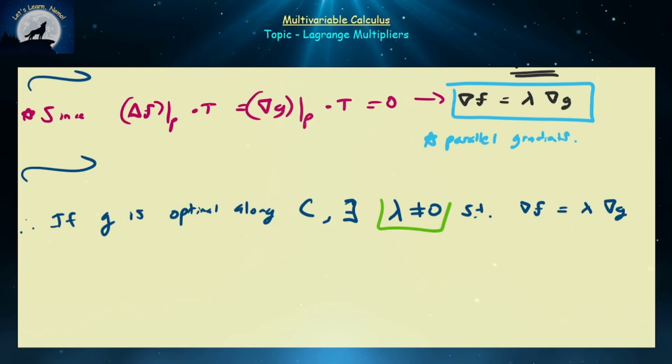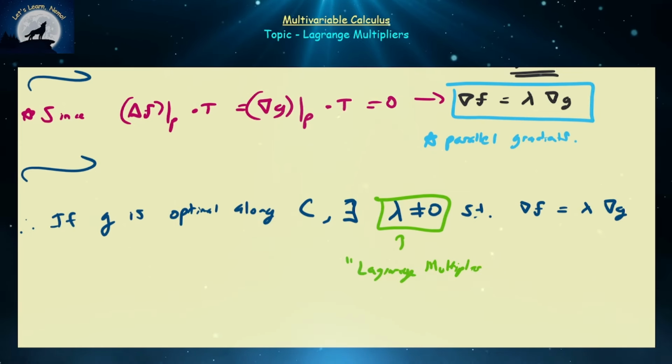And this lambda not equal to 0, this number, is referred to as a Lagrange multiplier. That is, by how much is gradient f a scalar multiple of gradient g.